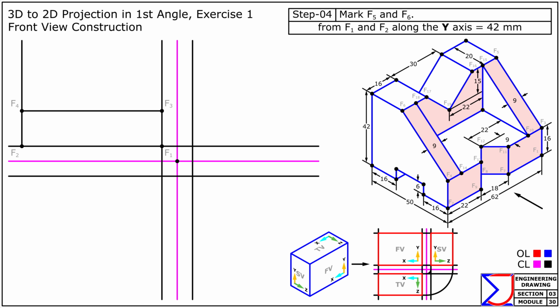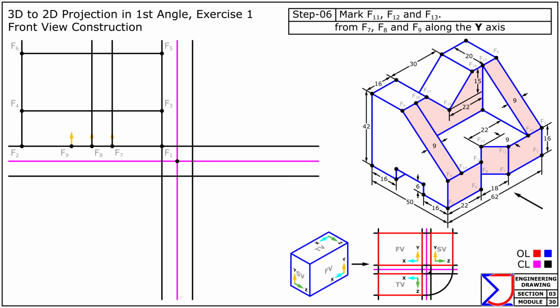Mark points F5 and F6, then join them. Mark points F7, F8, and F9 on line F1, F2. Mark points F11, F12, and F13 on line F3, F4.